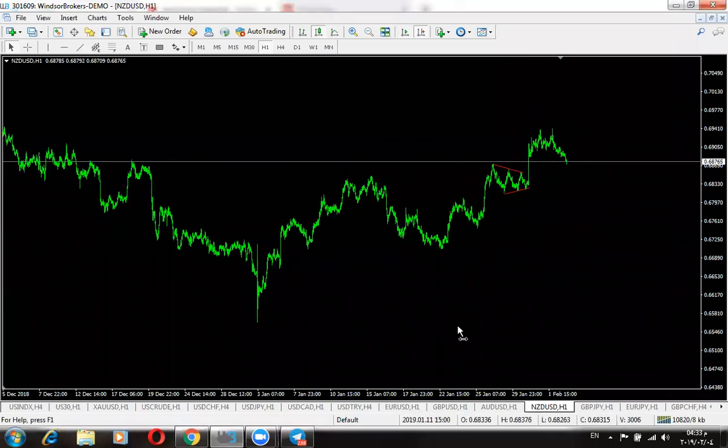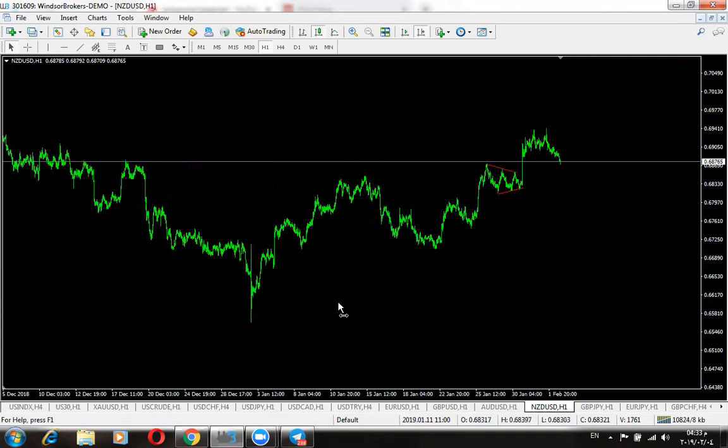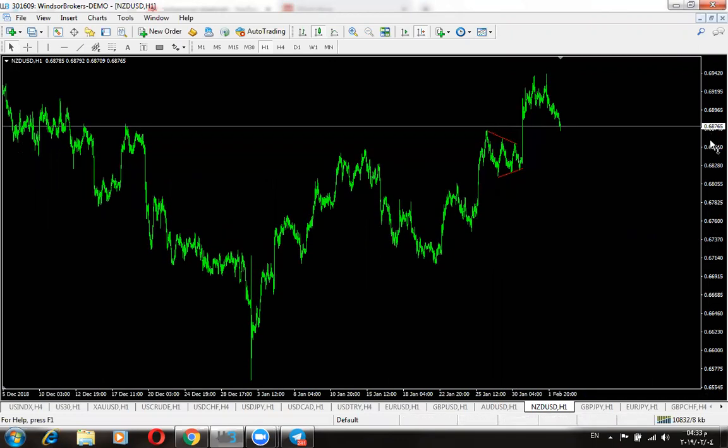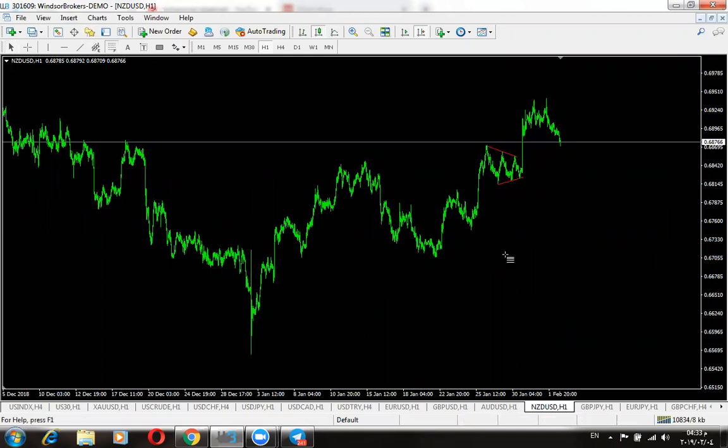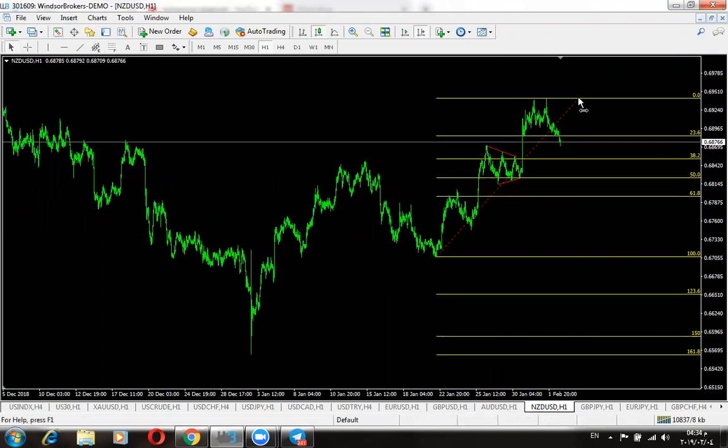This is the kiwi. It is very similar to the pound.